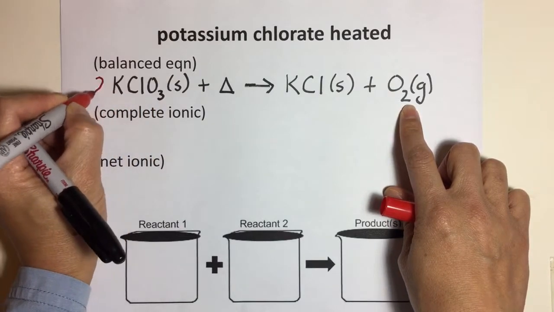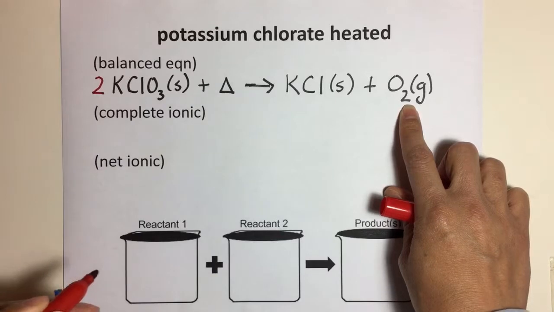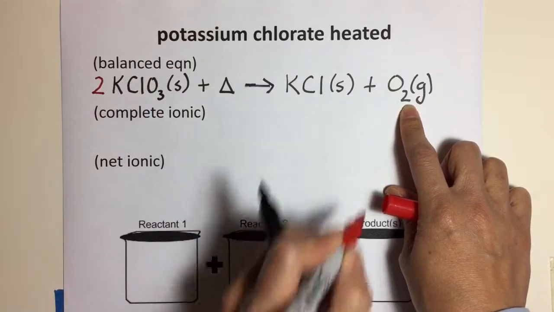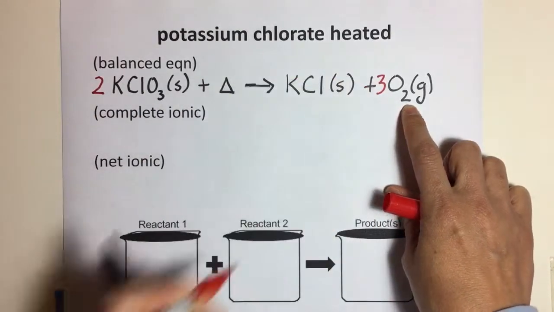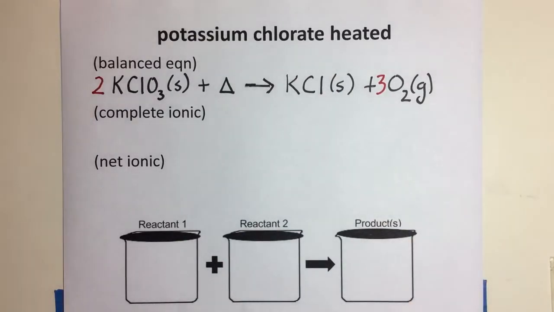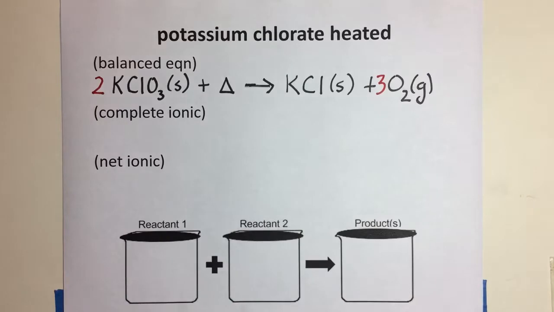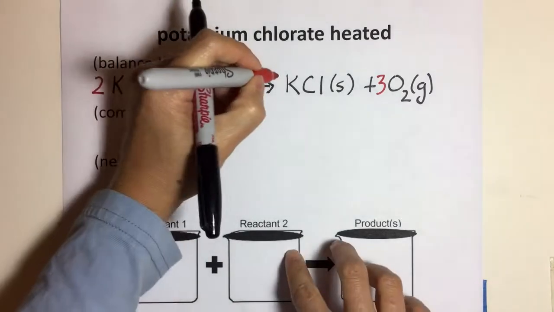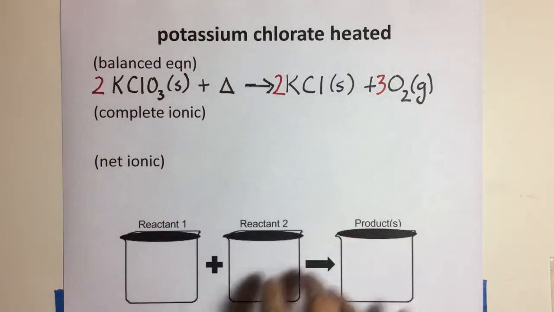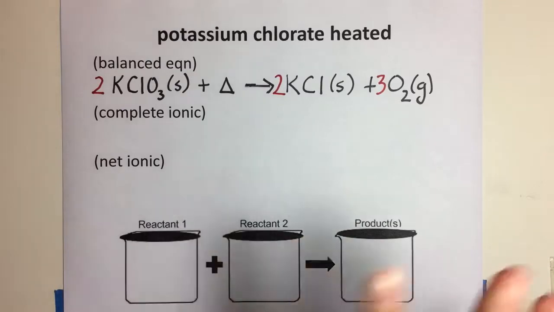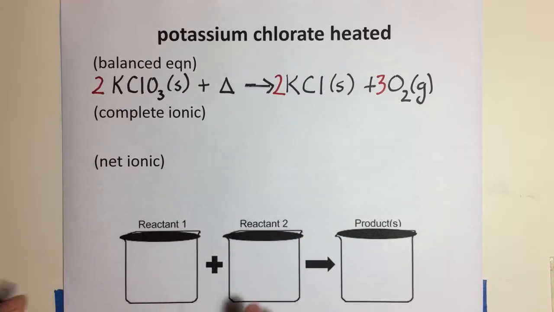The common multiple between 3 and 2 is 6. So I'm going to multiply this by 2 to get 6 oxygens, and I'm going to multiply this by 3 to get 6 oxygens through that. And so here you have a balanced equation, not until you put the 2 coefficient in front of the KCl. Now you have the balanced equation ready.